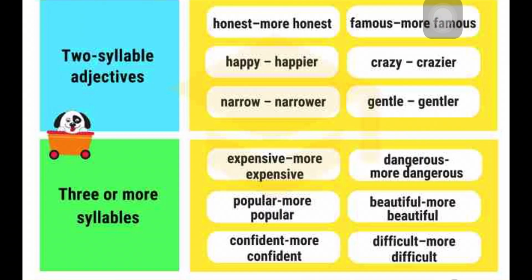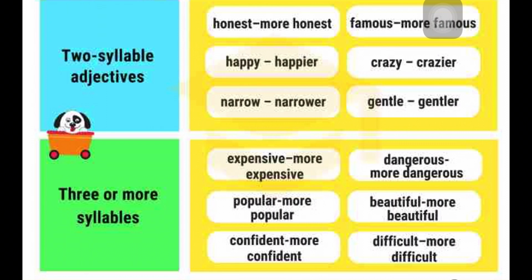So let's go to two syllables and more, three or more syllables. What should you do with those words? Look at the example on the right-hand side of the slide. Honest: how many syllables? Two syllables.